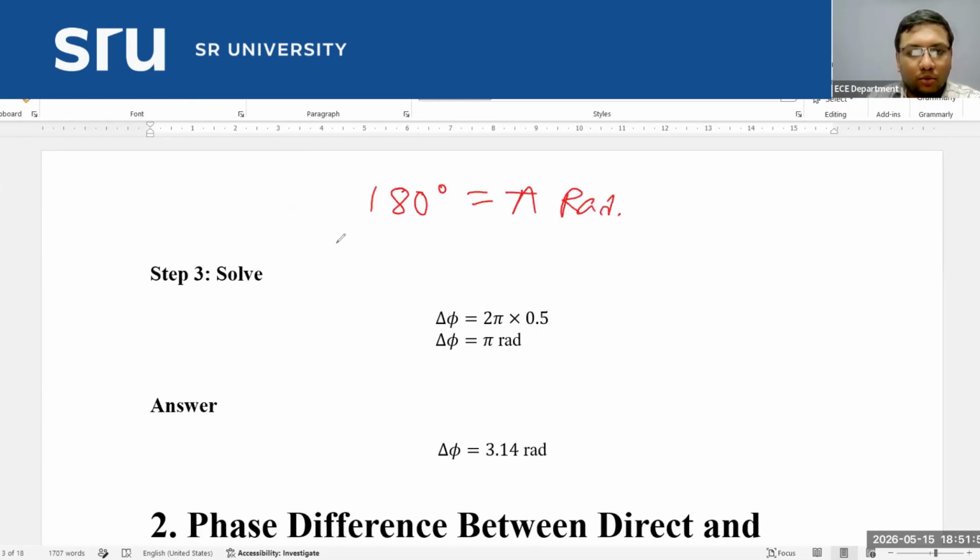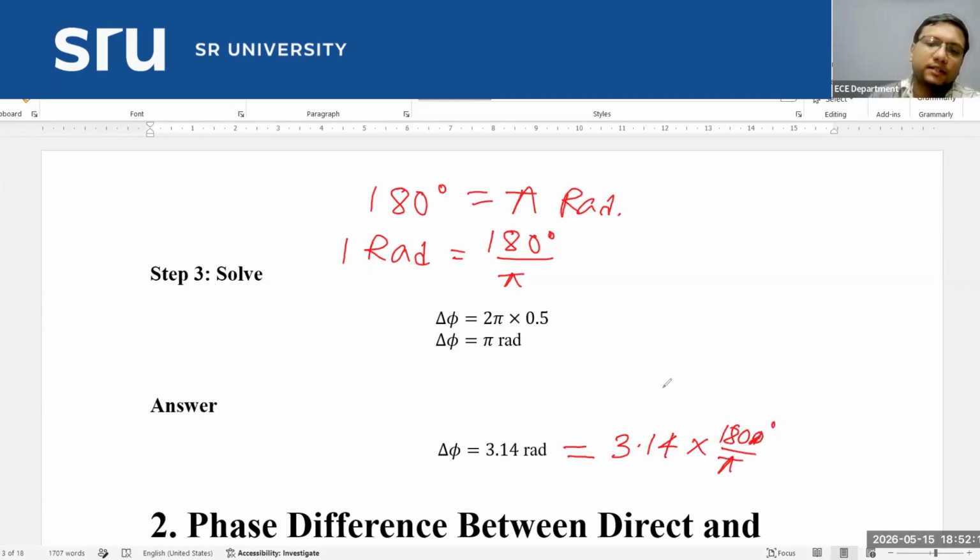So 1 radian is equal to 180 degree divided by pi. If my answer is 3.14 radian, I can convert this to degree by multiplying 3.14 by 180 degree divided by pi.